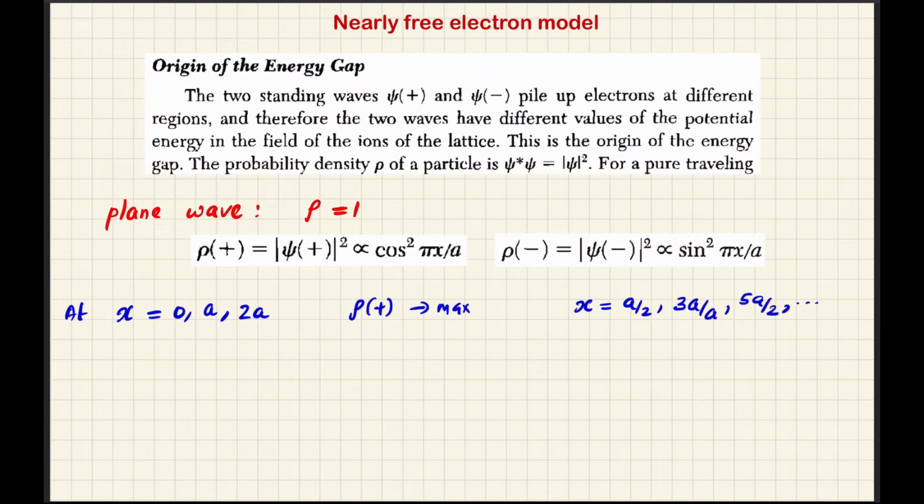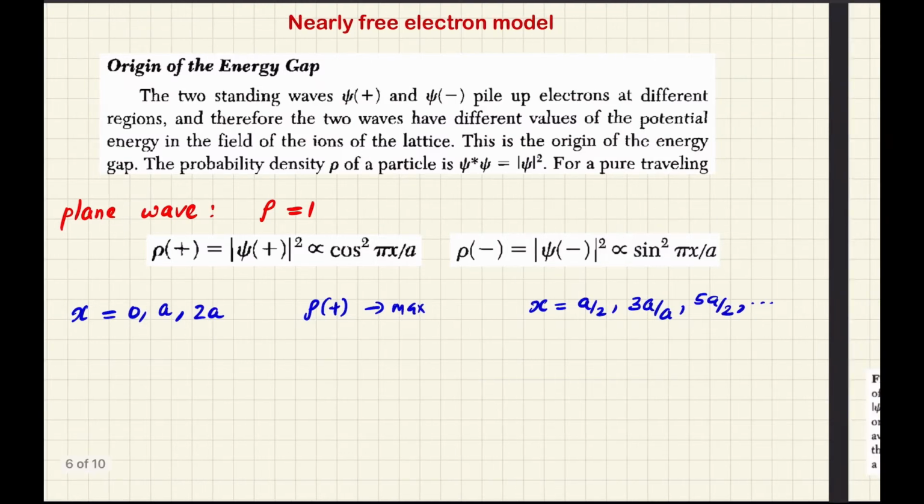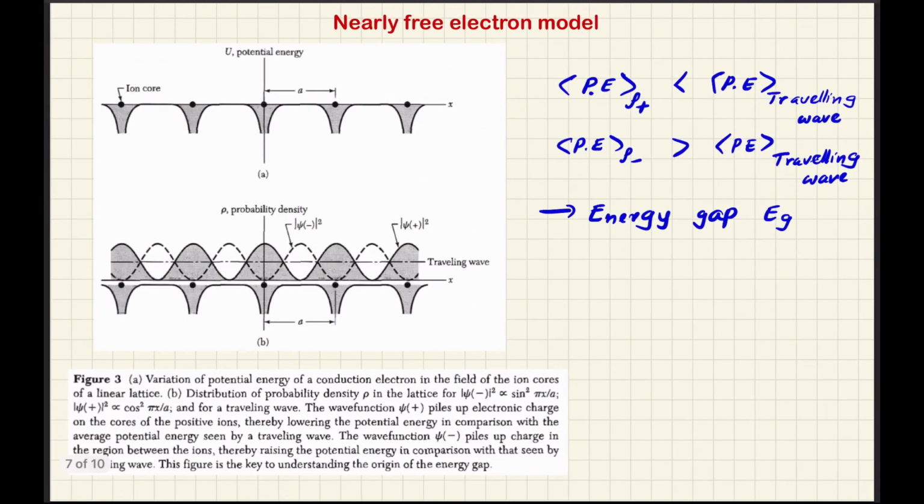These two objects indicate the probability distribution of the electrons in space. This plot tells you how the ion cores are distributed. The black dots are ion cores, and at the position of an ion core there will be a large negative potential, and as you move away from the ion core, the potential decreases.